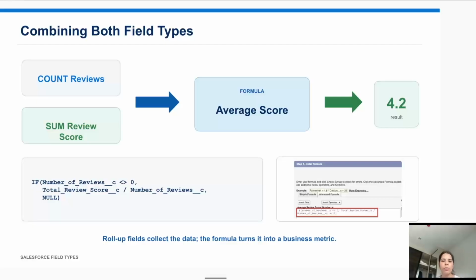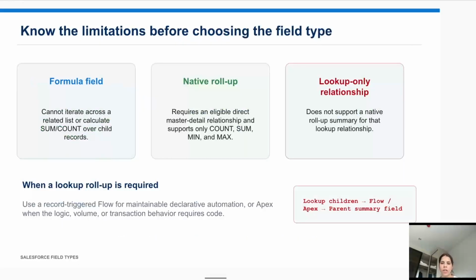Now both values are available on the job application. We can create a formula field to calculate the average score. The formula divides the total review score by the number of reviews. The IF condition checks that the number of reviews is not zero, which prevents the divide by zero error. So this is the approach. We can use both formula fields and roll up summary fields all together.